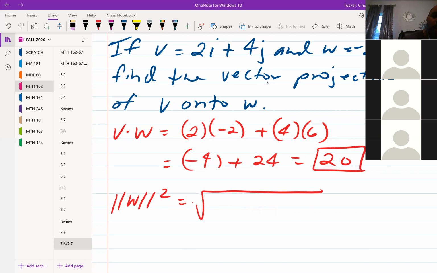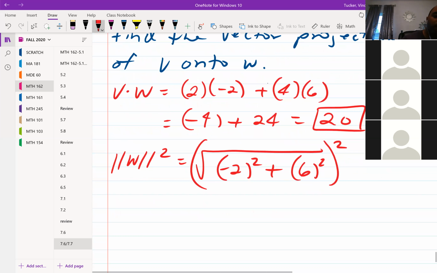That's going to be 2 squared plus 6 squared, negative 2 squared plus 6 squared, but that is squared as well. So the square and square root cancel. So that'll be 4 plus 36, which is 40.